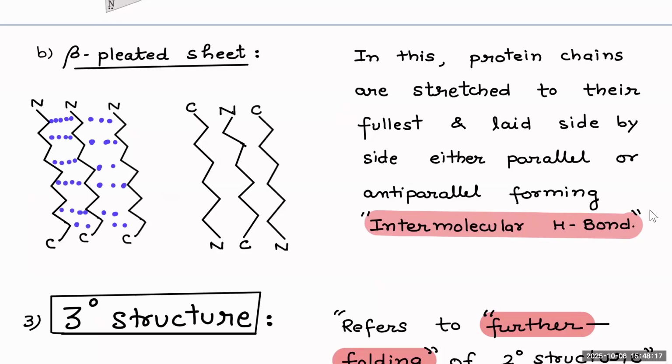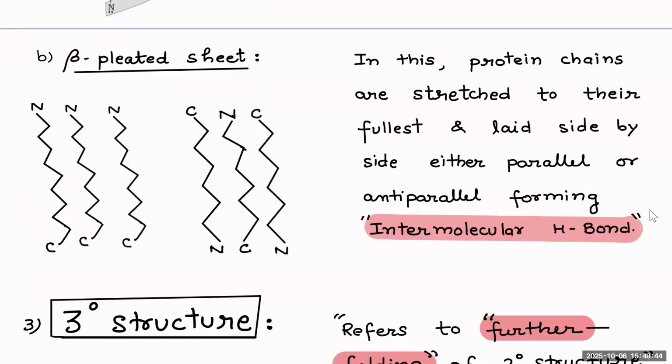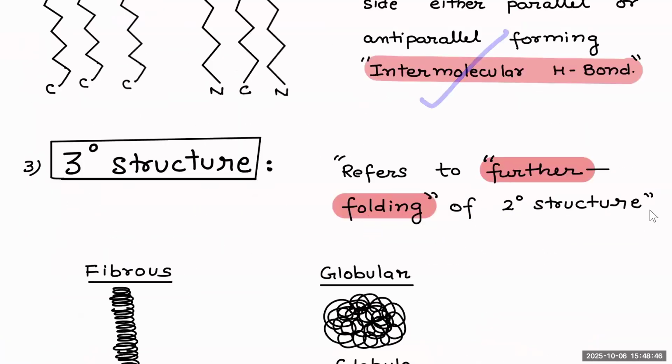So if the hydrogen bonding is established between two chains, and usually they are anti-parallel to each other, then that is called beta pleated sheets. Clear? Again, this is formed because of intermolecular hydrogen bonding. Have you noticed here? This is intramolecular, this is intermolecular.